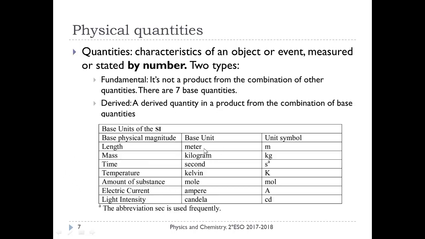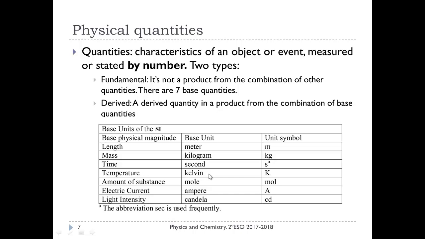Length is measured in meters with a symbol m. Mass is measured in kilograms, the symbol is kg. Time is measured in seconds, and its symbol is s, but sometimes the abbreviation sec is used.